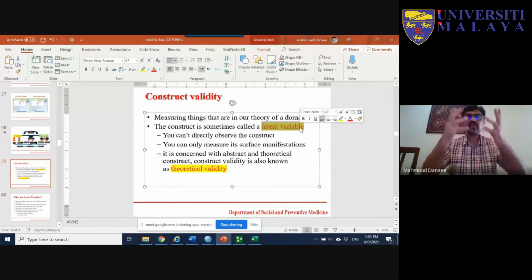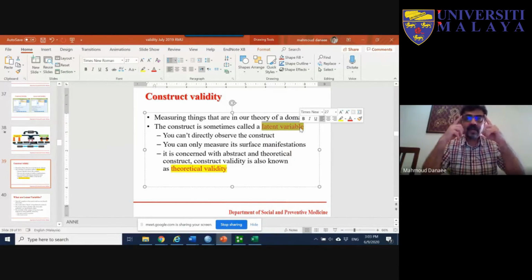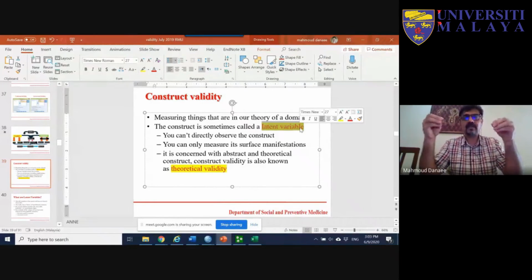So the construct actually refers to a group of items that measure any variable. So that is called construct and latent variable. The latent variable consists of some observed items, or manifestations. So this is called a construct.